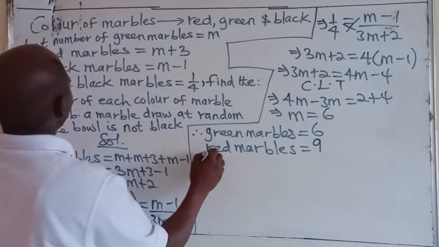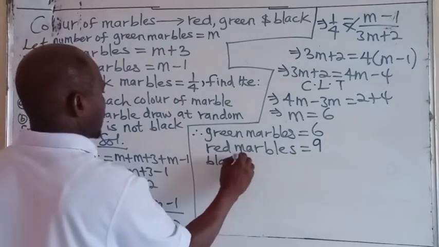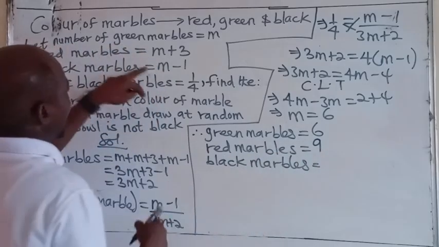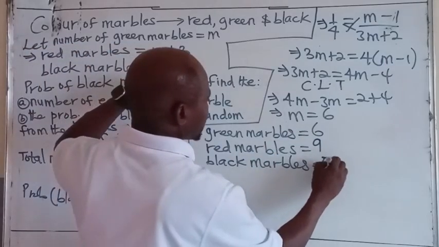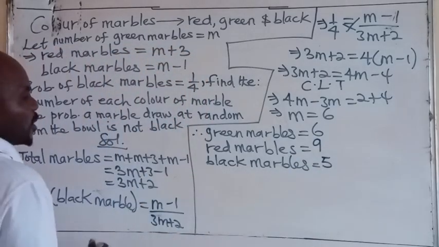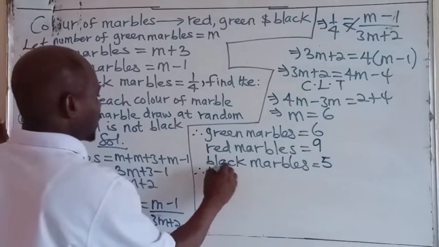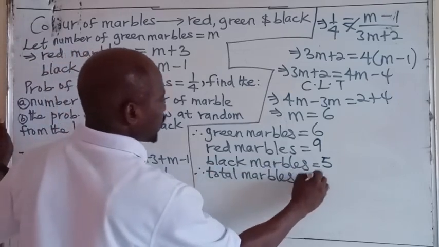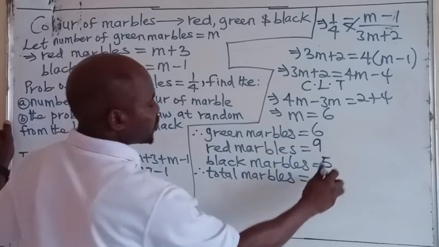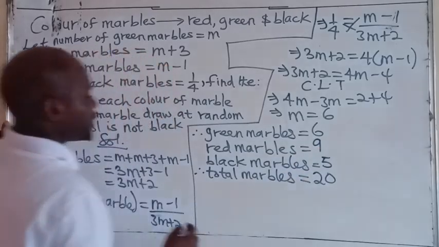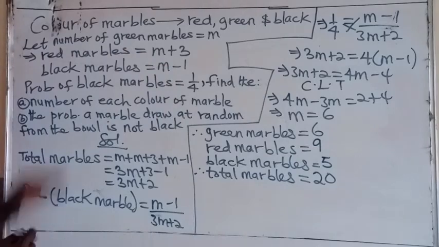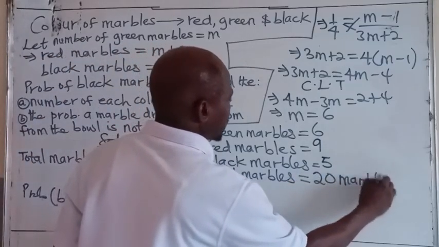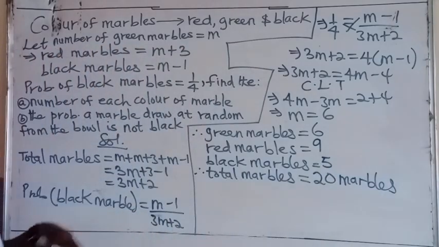And black marbles is equal to n minus 1, which is 6 minus 1, that gives us 5. So therefore, total marbles is equal to 6 plus 9 is 15, 15 plus 5, 20. So we have 20 marbles in the bowl. So that's the first part of the question.